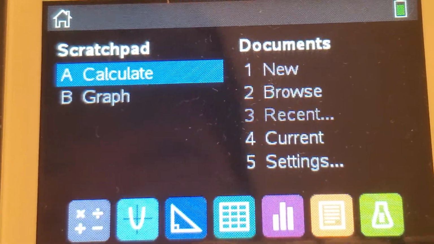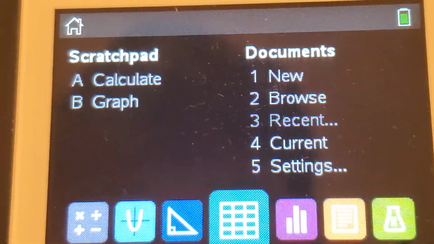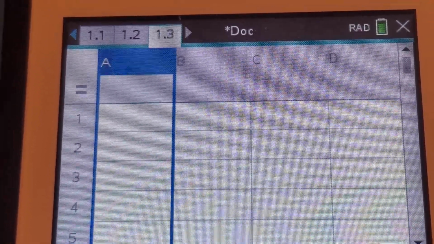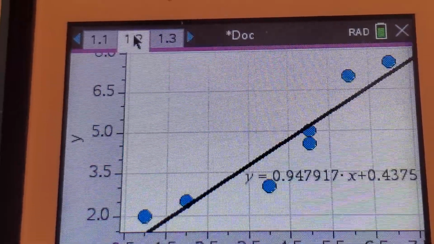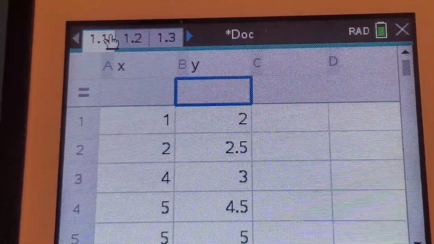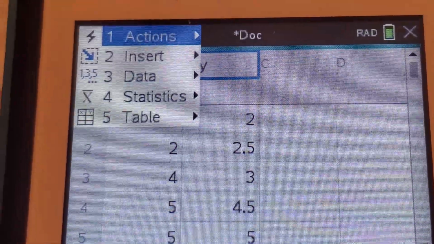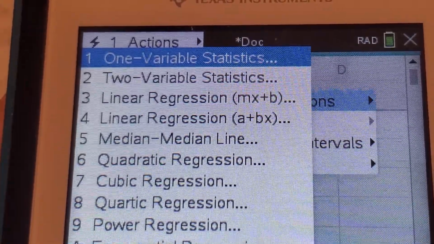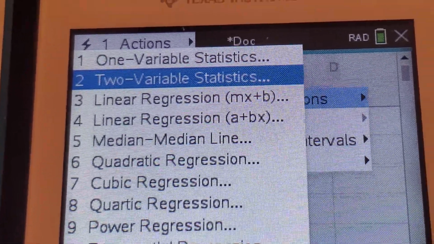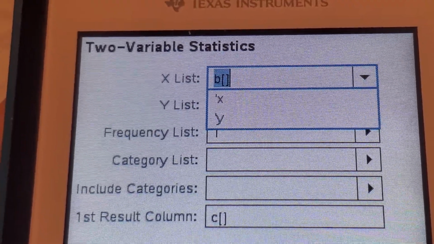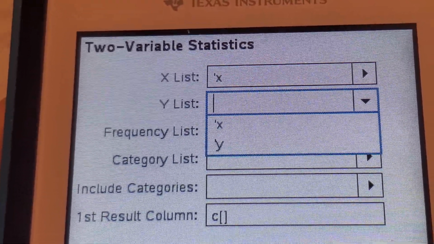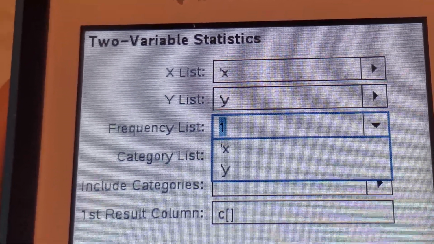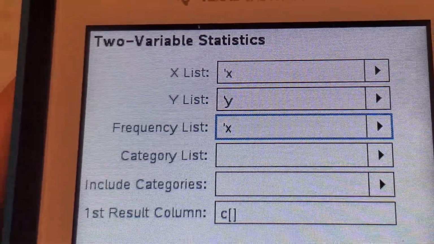So, to find the correlation coefficient, you'd go back to your data. Go to menu, statistics, stat calculations, two variable statistics. Make your x list x, and then y list y. Wait, oops.